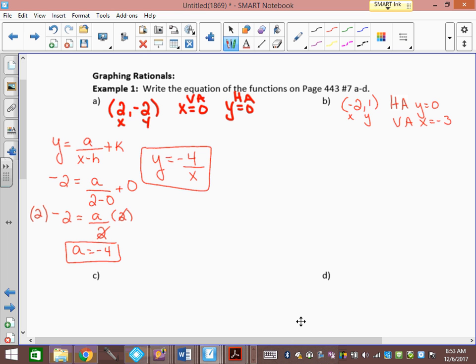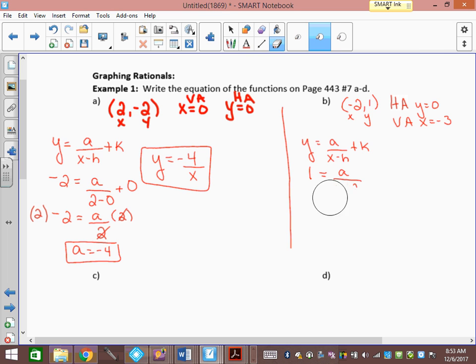x equals -3 and 0, and then that point, correct? Then we just plug it in. So we get y equals a over x minus h plus k. 1 equals a over x plus 2, because it's going to be minus and minus 2. Oh, what am I doing? -2 plus 3.